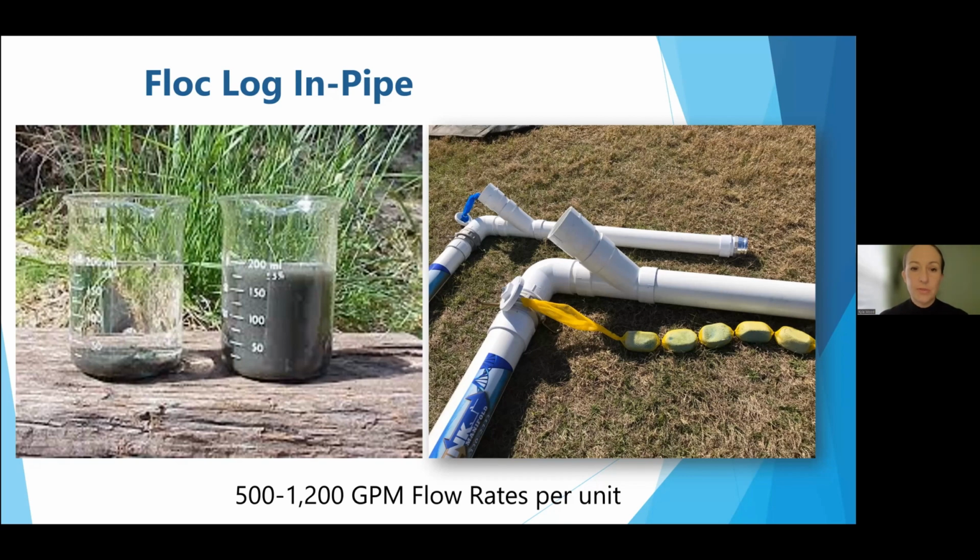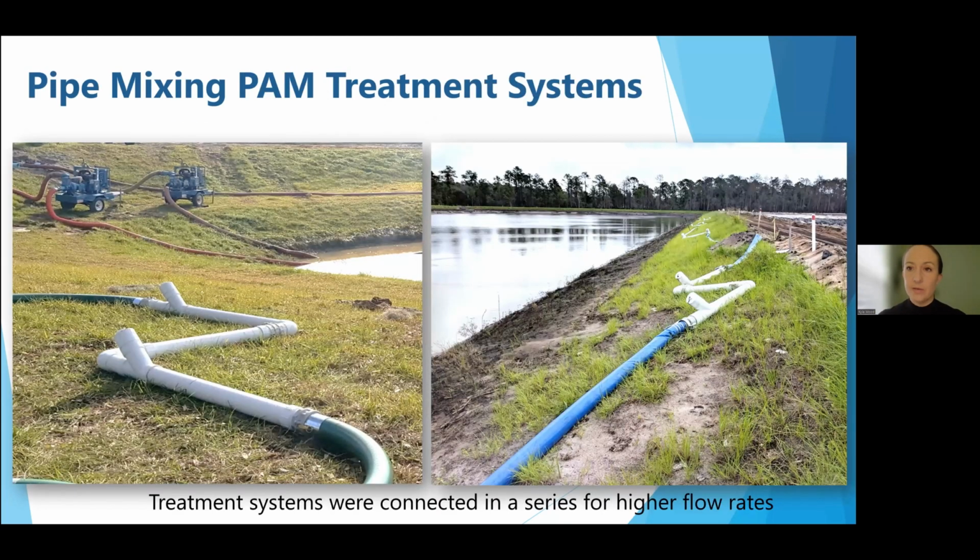So a couple of things to keep in mind is that when we're doing these pipe systems, we still have to get up to dosage. In this, you can see those Y cleanouts, and each of those Ys has a sausage link shape that is inserted in there. Those are essentially the same amount of polymer as a regular size flock log, but they're in that sausage link shape.